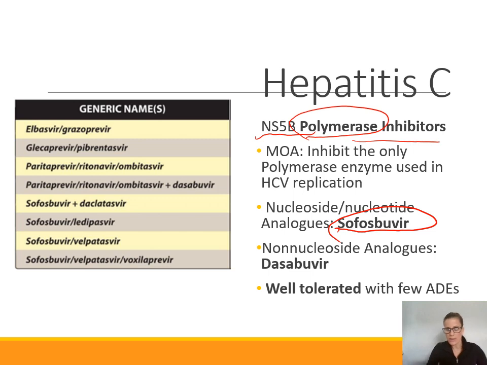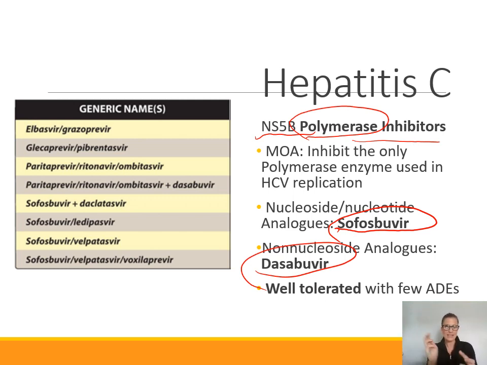non-nucleoside analog is Dasabuvir. And what we mean by non-nucleoside analog is that the drug doesn't bind at the normal binding site, right? It's not supposed to replicate or look just like a nucleotide. It looks different and it binds at an allosteric site. So it binds at a different binding site.